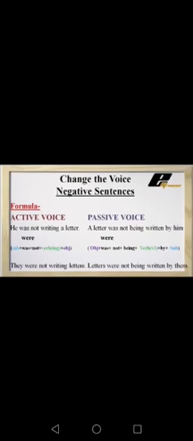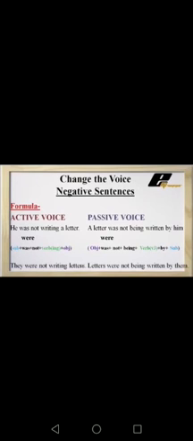Here our object is singular, so we will use was with it. We can watch that we use was in the second sentence when we are making the passive of it.